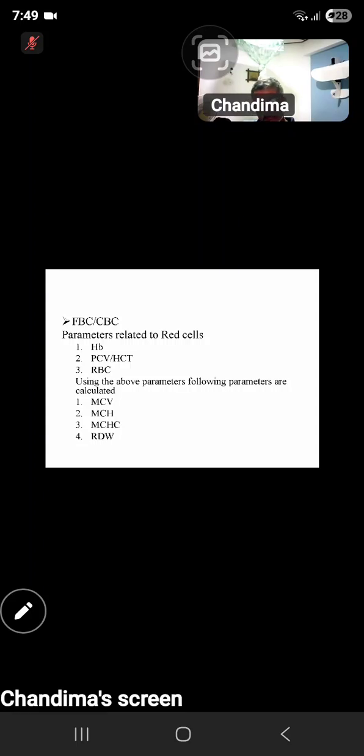82 to 102 femtoliters. By looking at a full blood count report, we can say whether this patient has normal size cells or normocytes, or small cells or microcytes, or bigger cells or macrocytes.